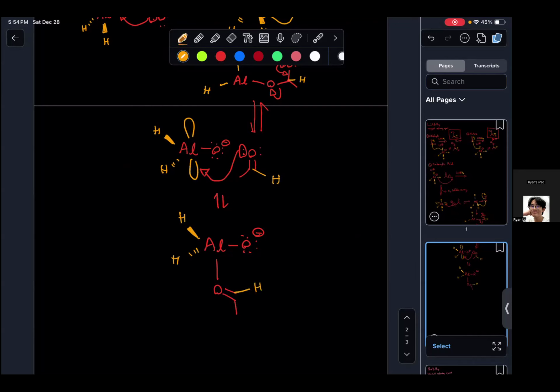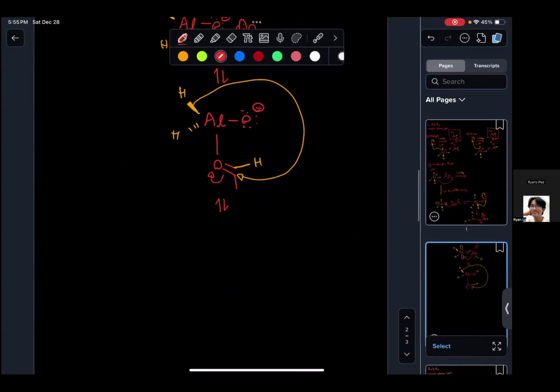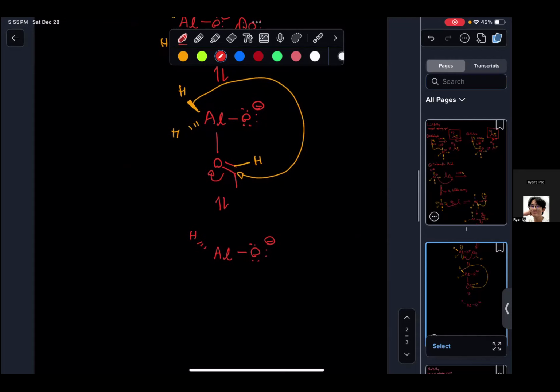And then from here, one of these other aluminum hydrides is going to go in, attack once more. It's going to push these onto here. You're going to end up with this bad boy right here.